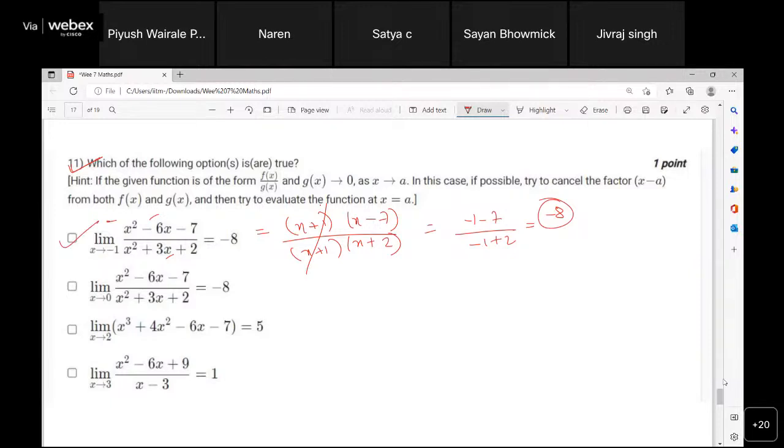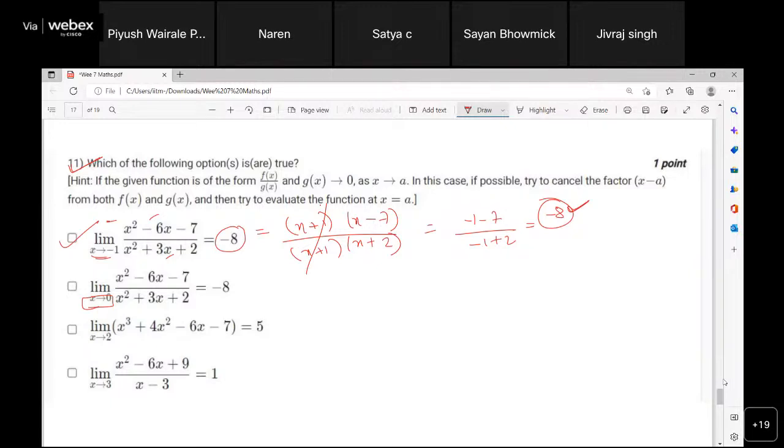Apply the same thing here also. Not the same, the second option is wrong, sir. At x equal to -1, what happens? When x tends to -1, it tends to a particular value, -8. That's correct. The function is not defined at that point. The limit exists here, but it is not a continuous function.